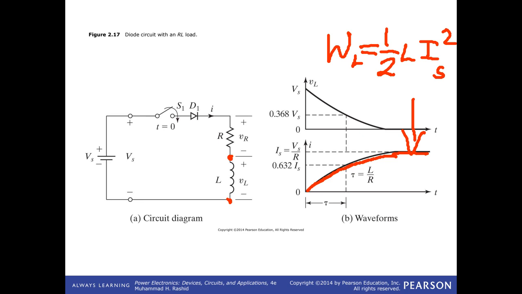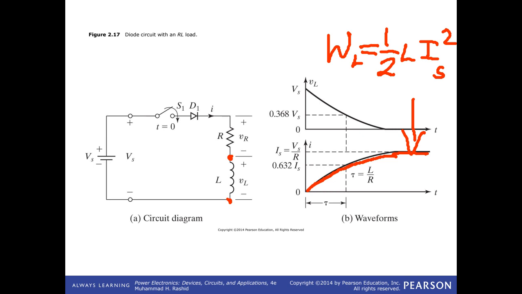Similar to the capacitor current, whatever happens in a capacitor is opposite in an inductance. Inductance delays the rise of the current. Capacitance delays the rise of the voltage, since they are storing energy. The stored energy in a capacitance is 1 over 2 CV squared.